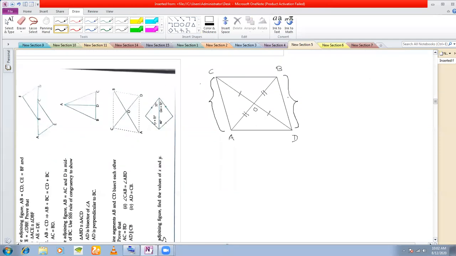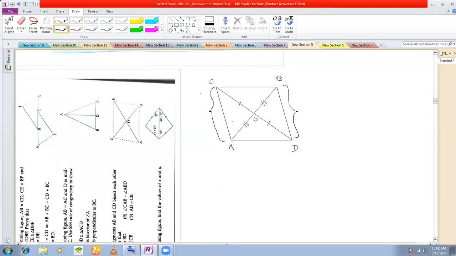So what I do is I see that AC is the side of which triangle? AC is the side of this triangle, AOC. Okay, and BD is the side of which triangle? This triangle, right? So what I do is I prove the congruency of these two. How do I prove the congruency of these two?